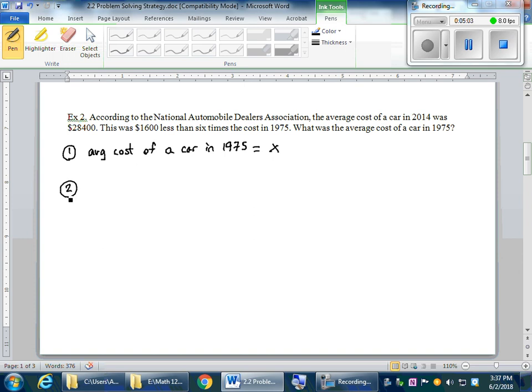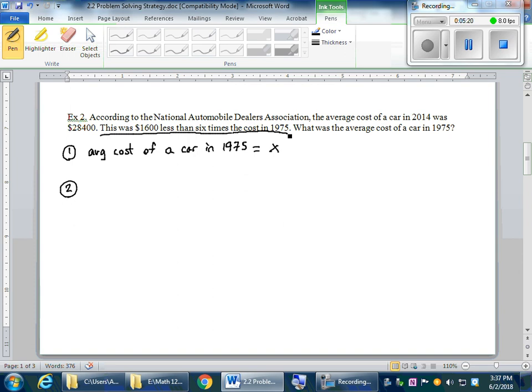Second, you're going to set up the equation. Now this statement tells you the cost in 2014 and the cost in 1975, the relation between them.